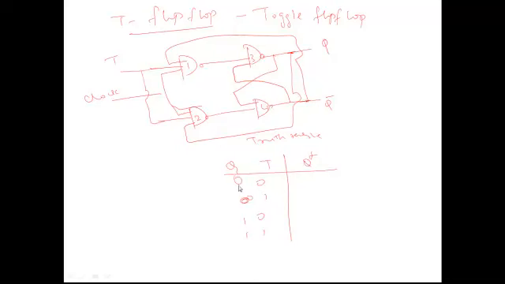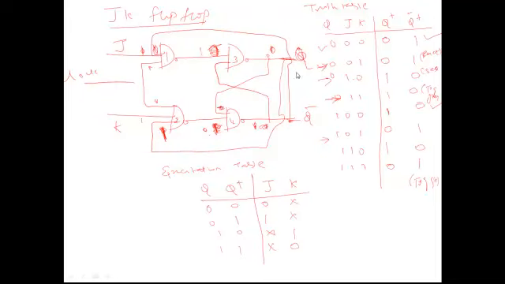Whatever the present state is will be the same as the next state. In this combination also the present state is 1, so the next state will also be 1. Next, when T is 1, it implicitly means J and K are 1. It's a toggle state. Toggle state means the next state is the complement of the present state.